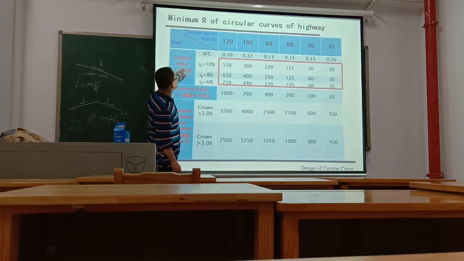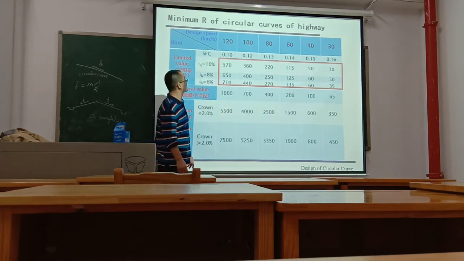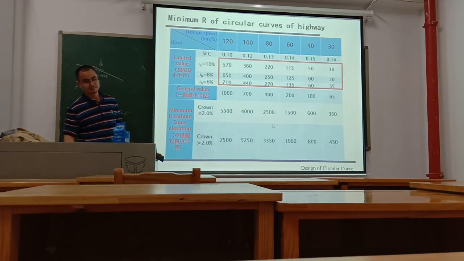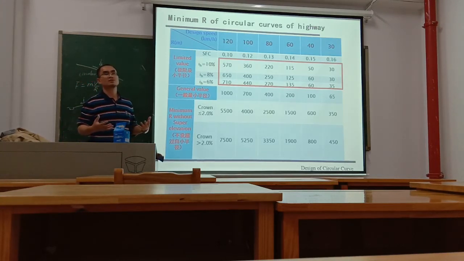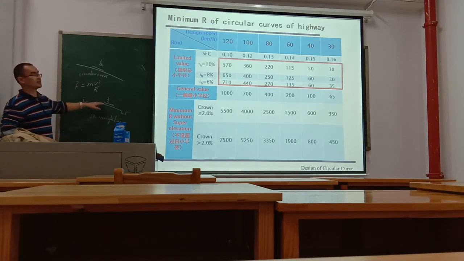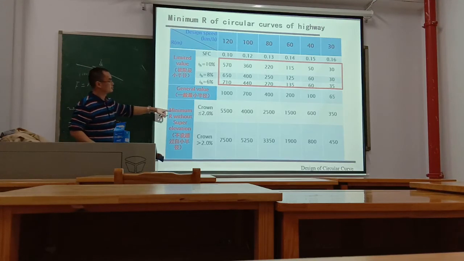This is the minimum radius. Crown is cross slope.